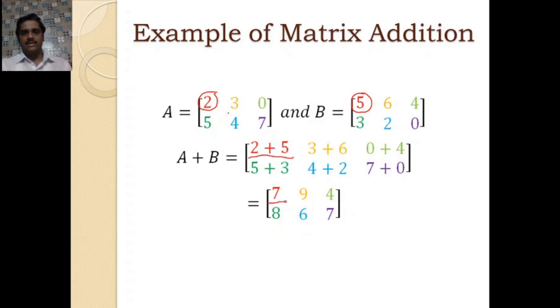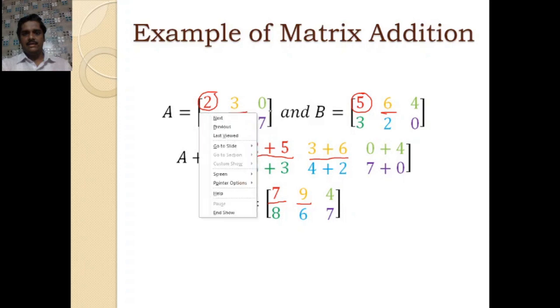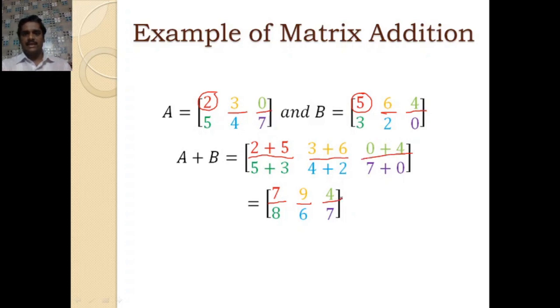Then I have a yellow color element 3 and a yellow color element 6 at the same position, which get added to give you 3 plus 6, that is 9. Then a light green color element, that's 0, with the same position light green element 4, 0 plus 4, that's 4. And like that, your A plus B is done.